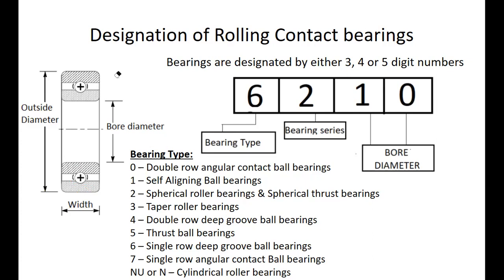Now, obviously, the last 2 digits from your right. Together, we are going to see these digits. These digits indicate bore diameter. What is a bore diameter? You can see here in the diagram. This is your bore diameter, the diameter where your shaft is going to be inserted, because ultimately you all know that the function of a bearing is what?